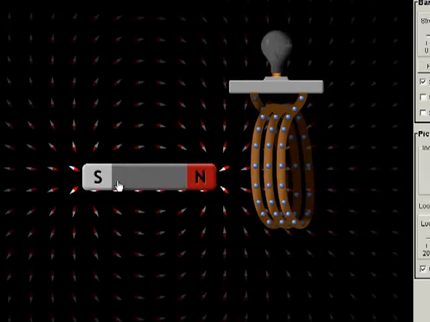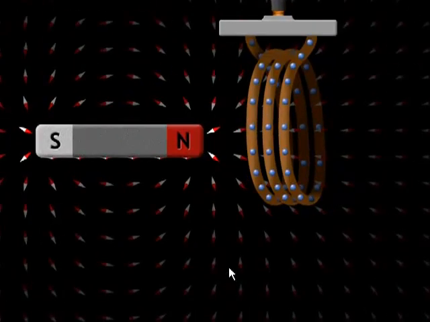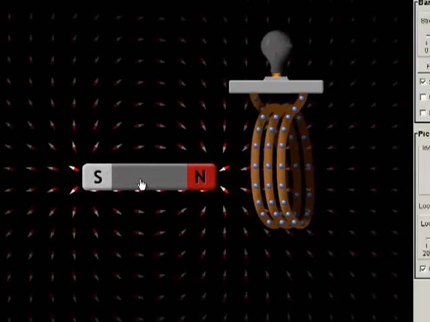So what we've got here is a permanent magnet with north and south, and we can see the magnetic field that's created from that magnet around it on the screen. Inside the magnet we've got a loop of wire to which a light bulb is attached. Now, here is a demonstration of Faraday's law.